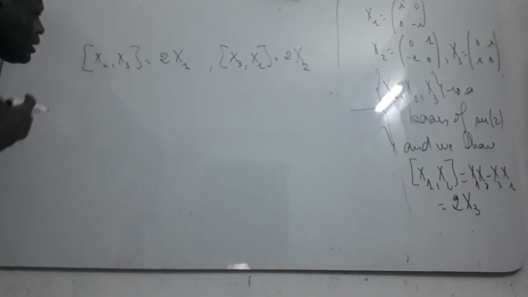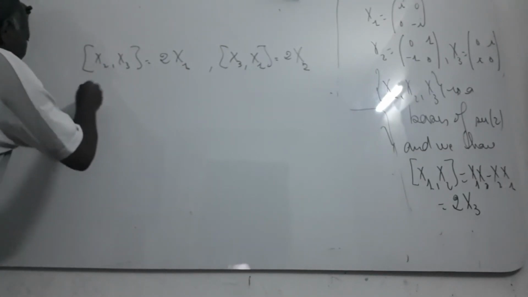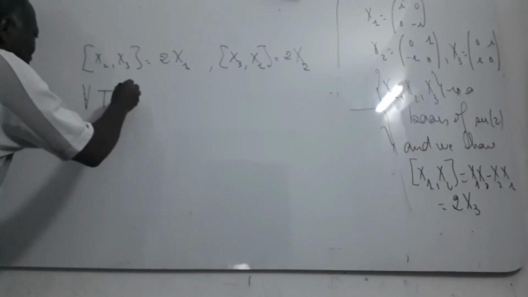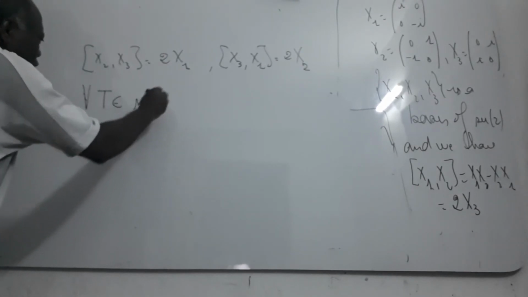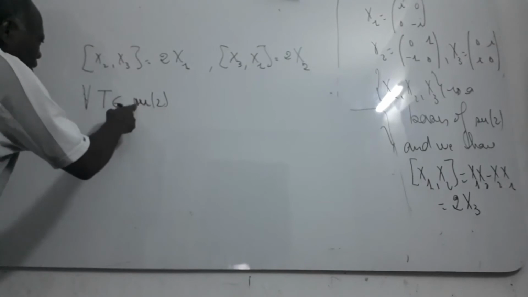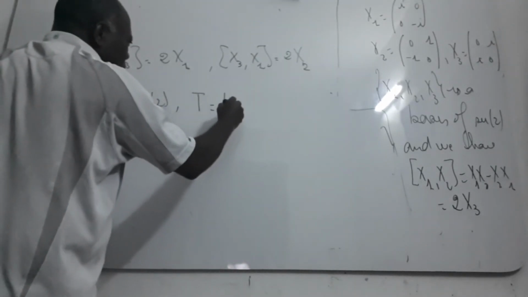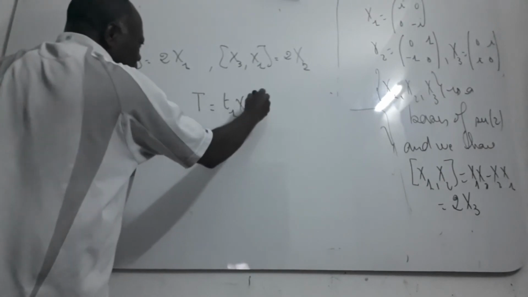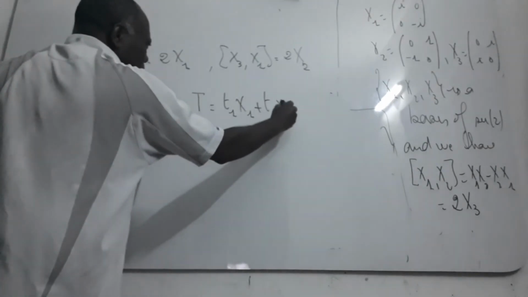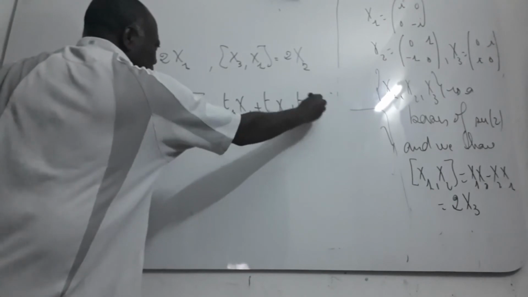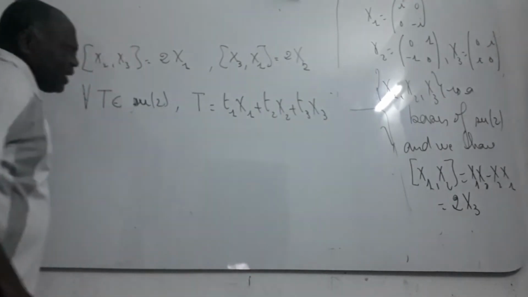And let's compute now the adjoint representation. Let T be an element of your Lie algebra. So T must be equal to T1 S1 plus T2 S2 plus T3 S3.